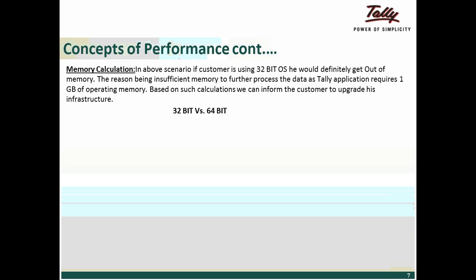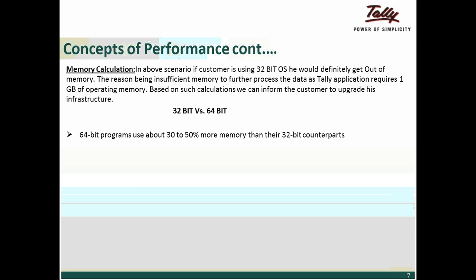What is the difference between a 32-bit application and a 64-bit application? It is not only Tally, any other application we have taken, right? A 64-bit program uses about 30 to 50% more memory than its 32-bit counterpart.